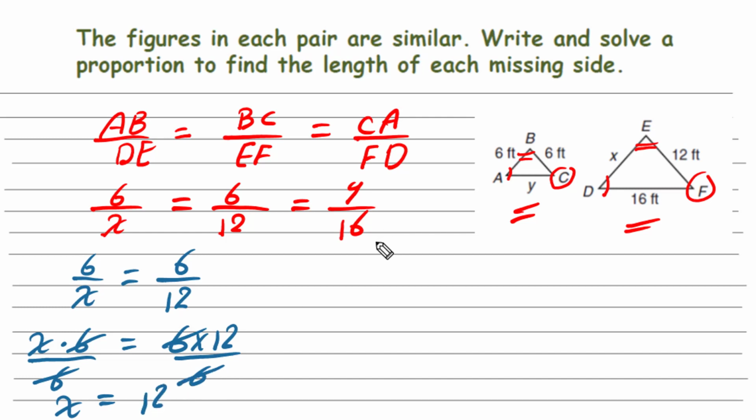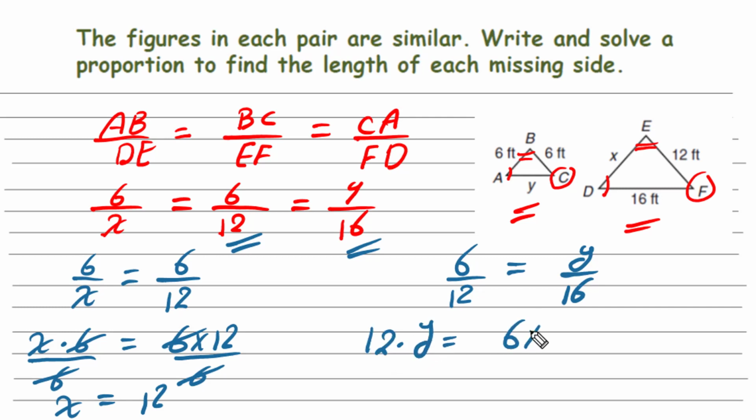To find the value of y, we will use the second and the third ratio. 6 over 12 is equal to y over 16. To find the value of y, we will use cross products property. Now we get 12 times y equals 6 times 16. To find the value of y, we will divide both sides by 12.